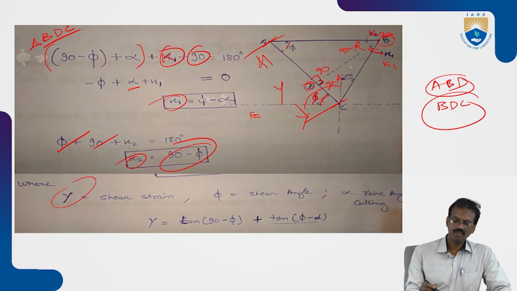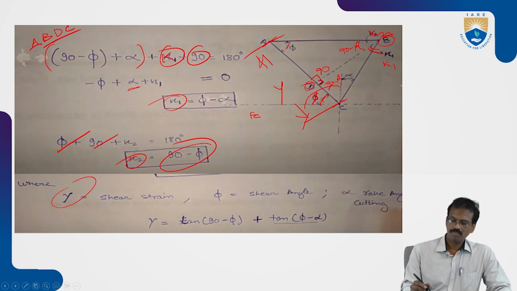If you apply tan, tan theta is equal to opposite side by hypotenuse. So tan phi in the first triangle, tan phi is equal to opposite side BD by hypotenuse AD.